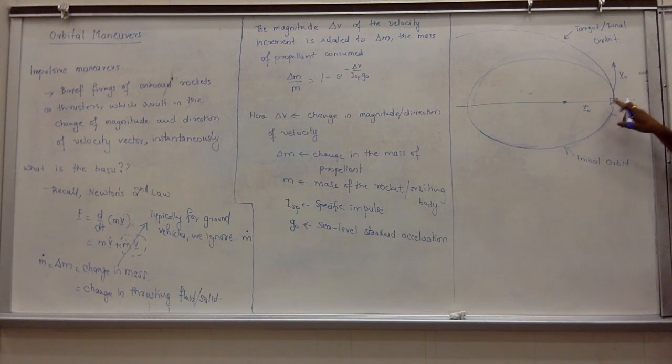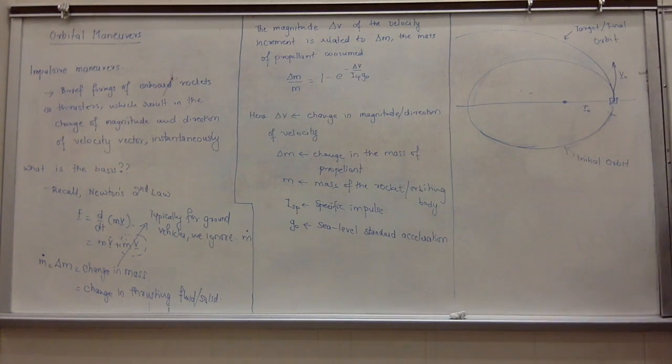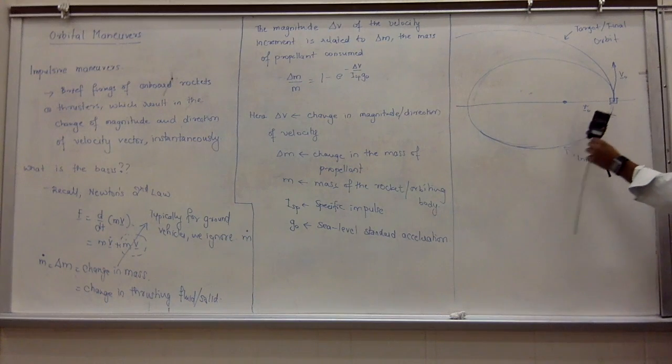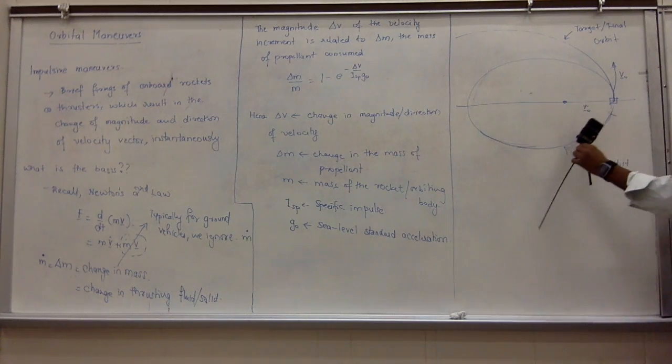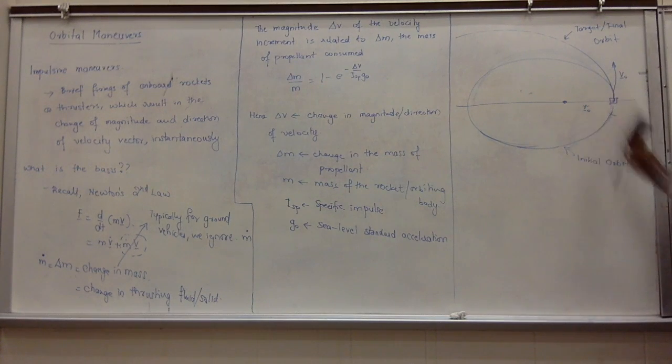So what you do is, let's say this is my thruster, okay? This is the direction of my thruster, right? Now, this is how it is, let's say, orbiting. When you come here, if you want to go into this, you figure out the change in velocity.